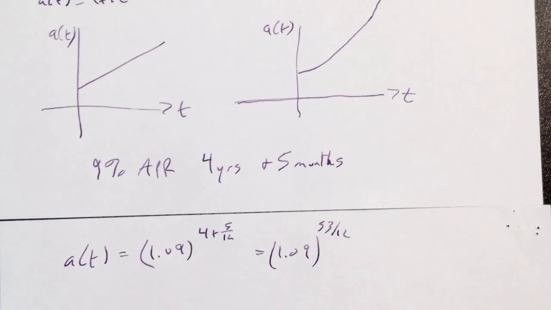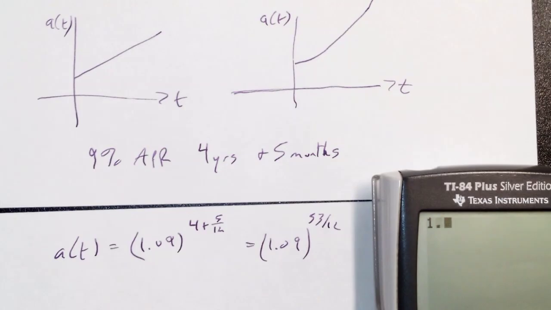That's a really easy calculation, isn't it? I've got a calculator in front of me. I'm done. 1.09 raised to the 53 divided by 12. So however much you're investing, multiply by this and you're done.